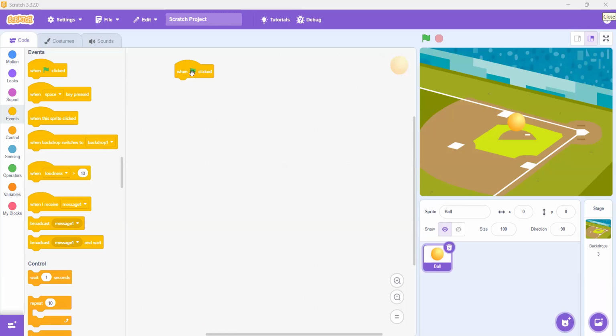Now you just see, if I click what will happen? Is anything happening? Nothing. There are many ways to start the ball moving. Okay, just let me remove this. Now if I use this one, what is written over here? When space key pressed. You know, a space key is there on your keyboard. On the phone also you have a space bar.